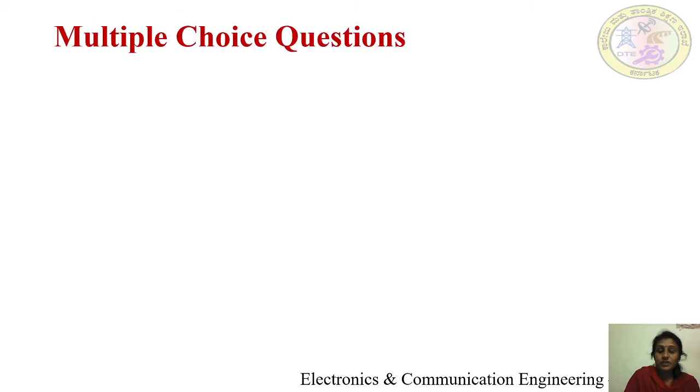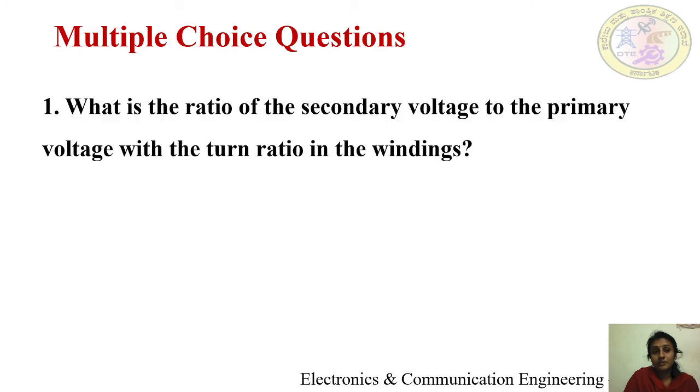So we'll see some of the MCQs here. What is the ratio of the secondary voltage to the primary voltage with the turn ratio in the winding? As we have seen in the voltage transformation, V1 by V2 is directly proportional to N1 by N2, whereas for the current, I2 by I1 is equal to N1 by N2.